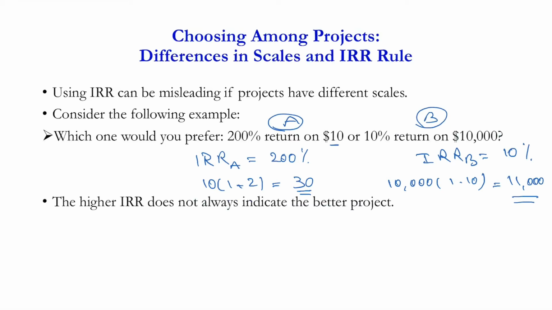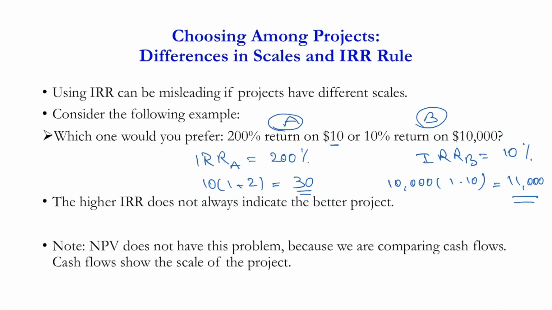As I said, a higher IRR does not always indicate the better project. However, notice that the NPV rule does not have this problem, because in the NPV rule we are comparing cash flows, and cash flows show the scale of the project.